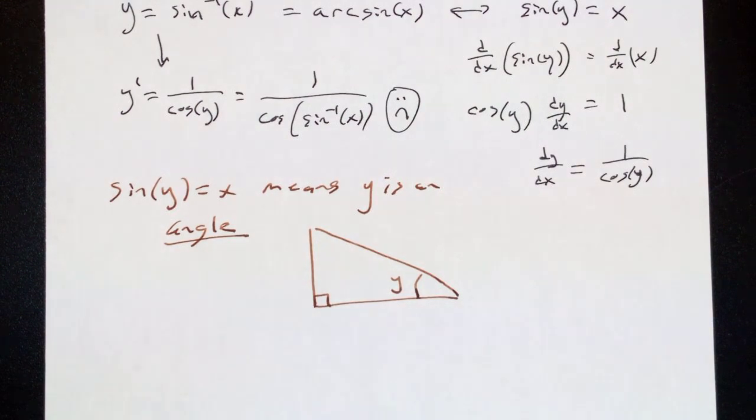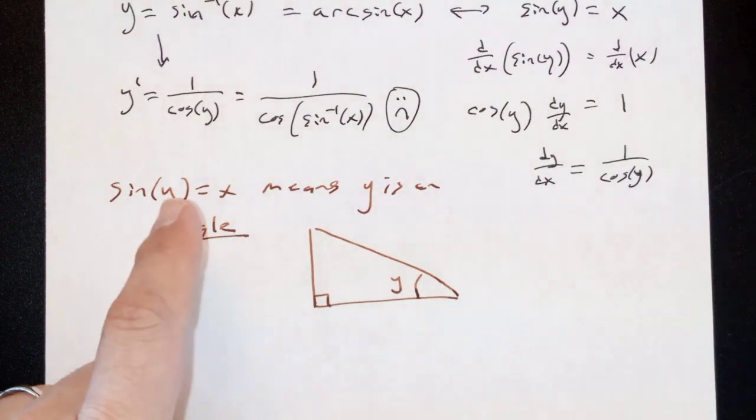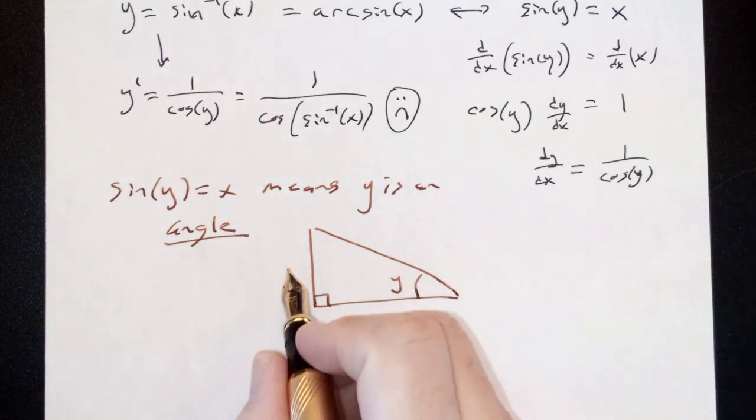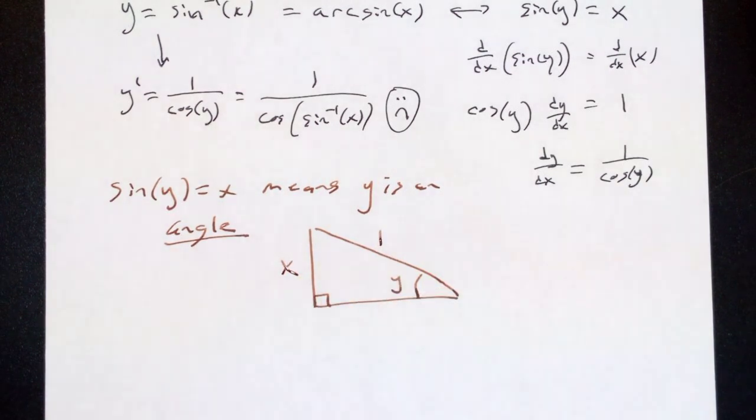Sine involves two sides of my triangle. It's the opposite over hypotenuse, but I don't have a hypotenuse. What's my hypotenuse here? Because I can write x as x over 1, opposite over hypotenuse.